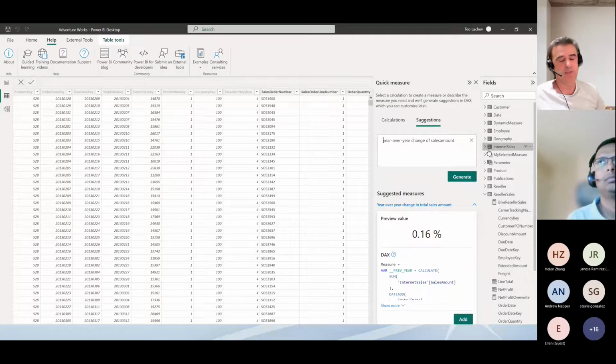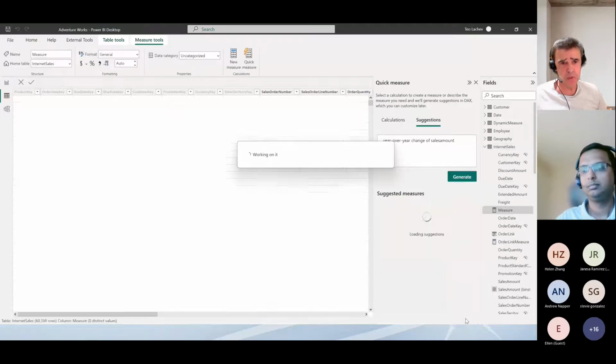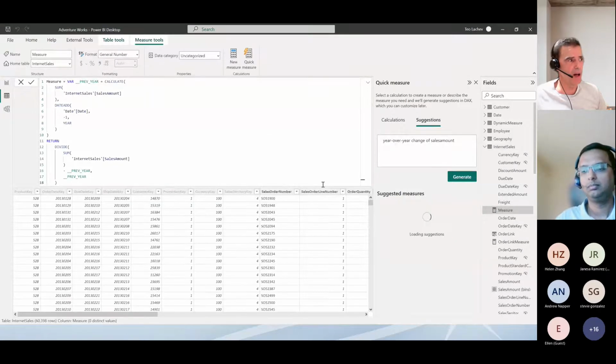I have a field called sales amount, and I'm just telling the engine that's what I want. When I click generate, it tells me what the formula is. If I'm happy with the formula, I can add it to the model, and once I add it, I can see the formula. If I want, I can change it from that point. From that point, it just becomes a regular measure.